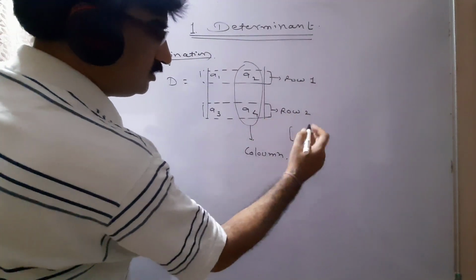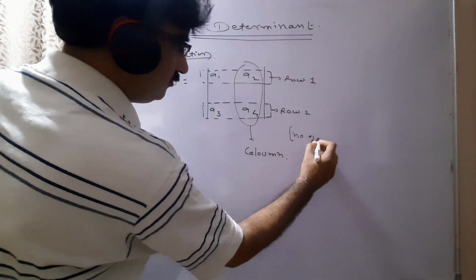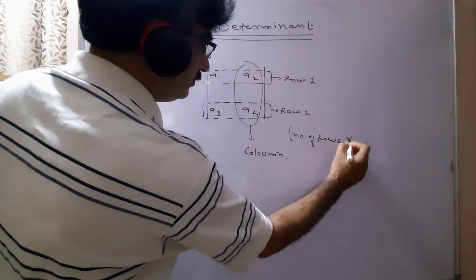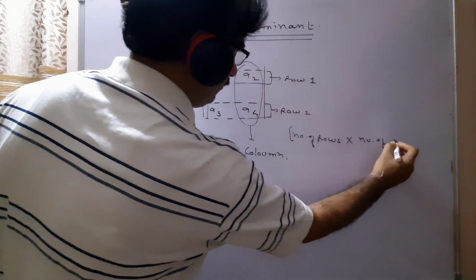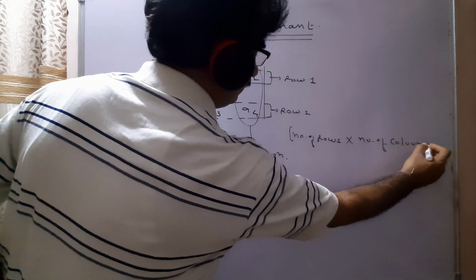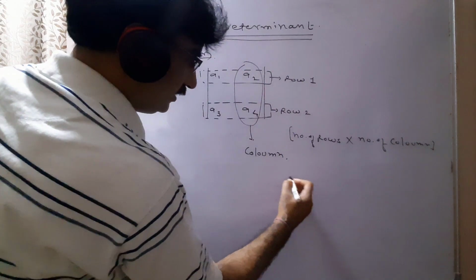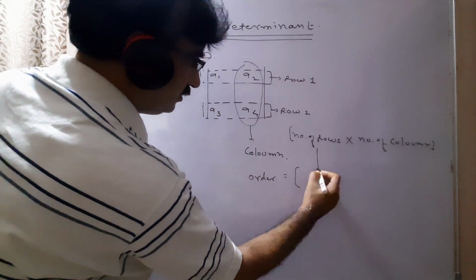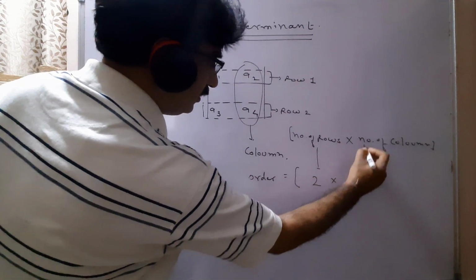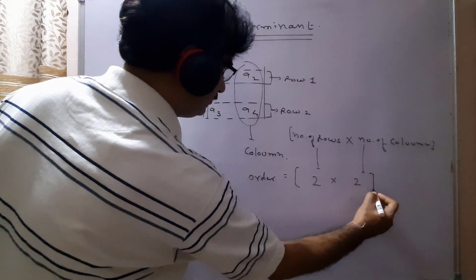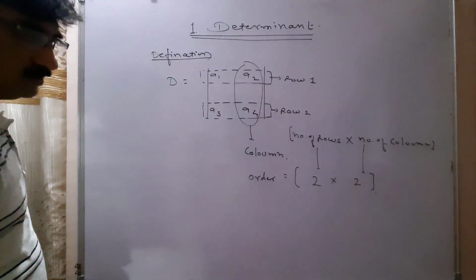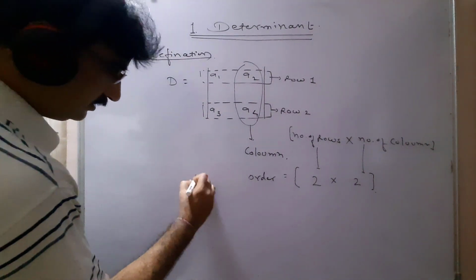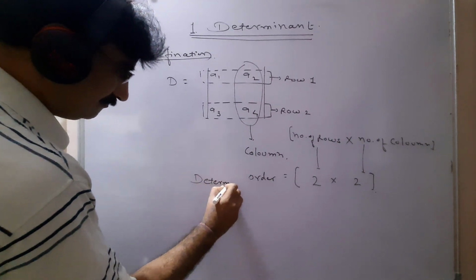So how many rows and how many columns are there? So we have to put down the order, number of rows into number of columns. So that means here we get the order, number of rows is 2 and number of columns is 2. So this is the order of the determinant.